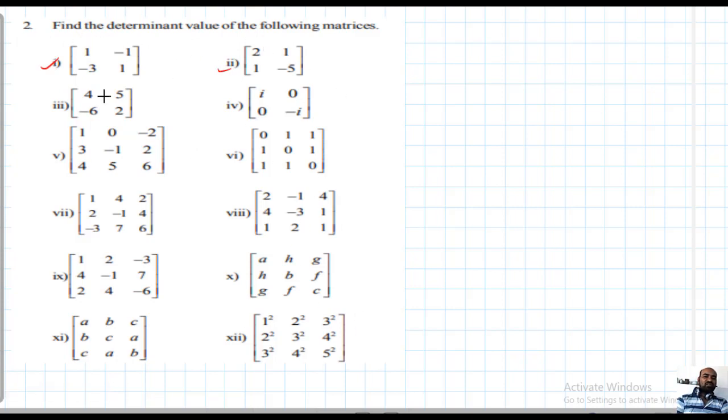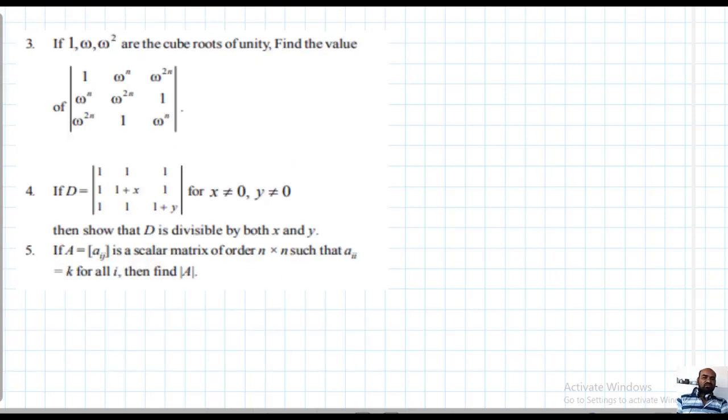Numbers, direct numbers, no problem. But from 10th onwards we need to take care to find the determinant. Already this problem we did: a cube plus b cube plus c cube minus 3abc, minus a cube minus b cube minus c cube.